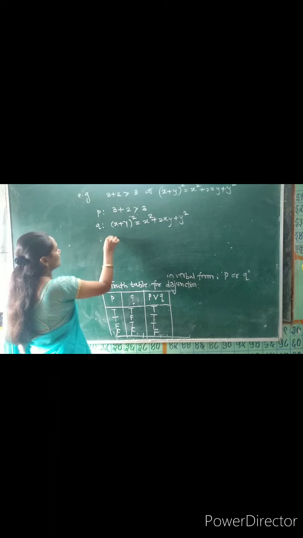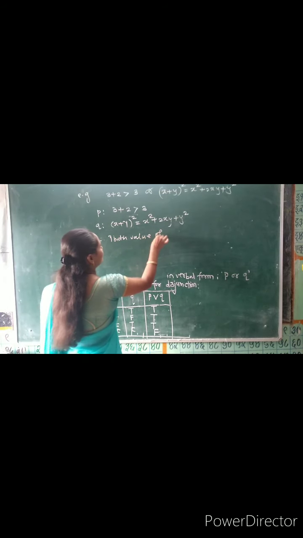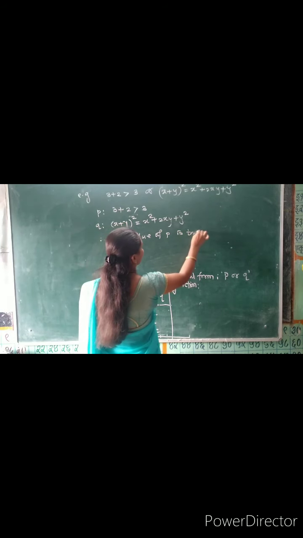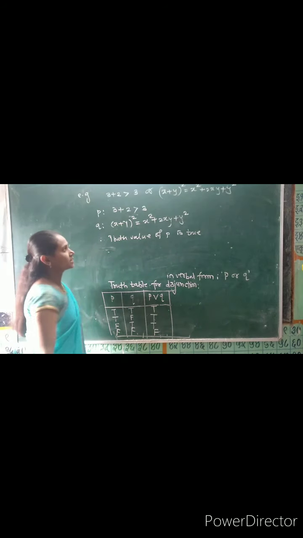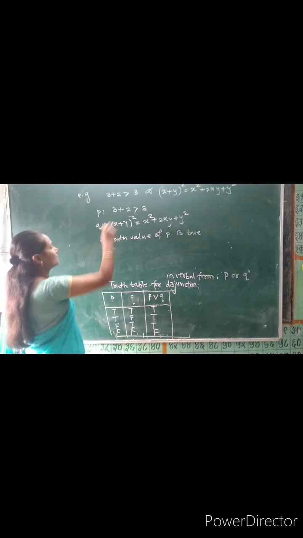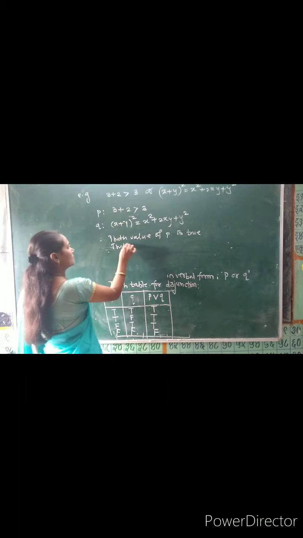And (x plus y) square is equal to x square plus 2xy plus y square is an identity, which is also true. Therefore the truth value of Q is true.